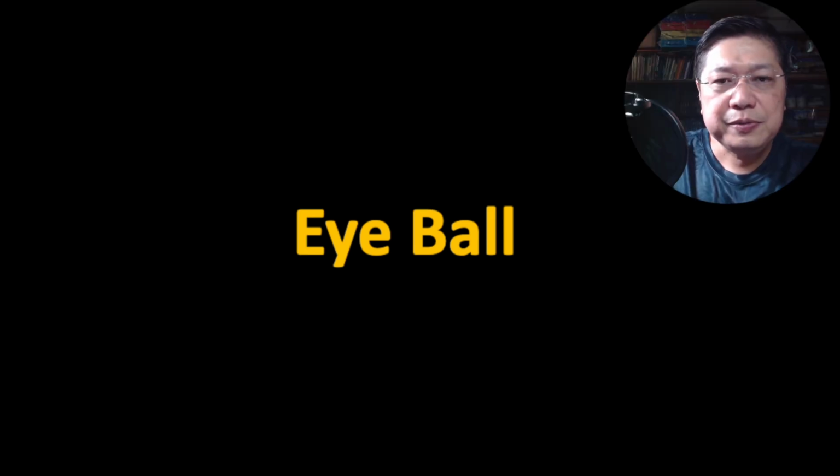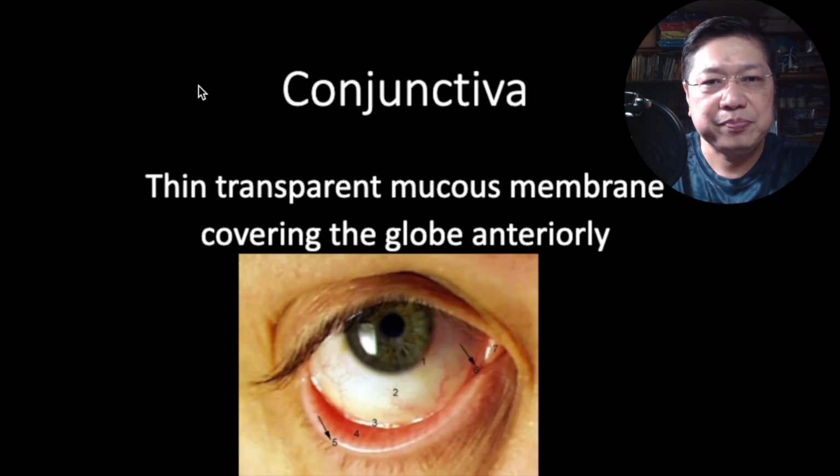Next, we move to the eyeball. Now, the eyeball is where everything actually happens. The first part of your eyeball, the major part, the white part that you see is called the conjunctiva. It's very thin, it's transparent, and it's basically a mucous membrane. So it's not just skin, it's actually moist.